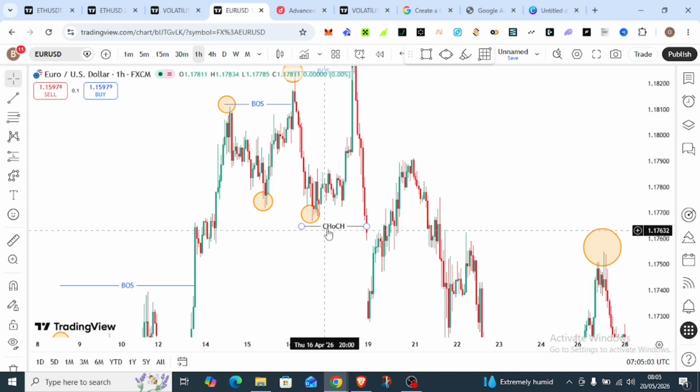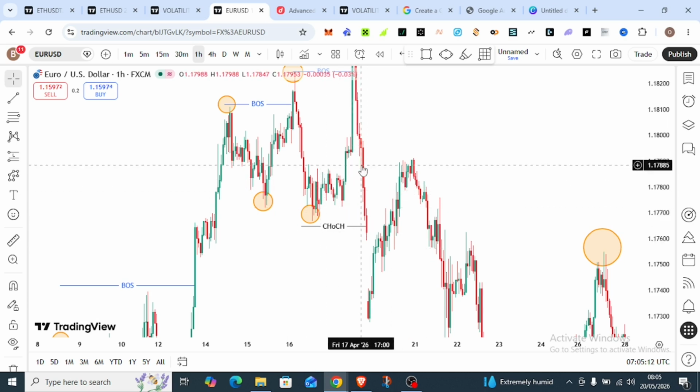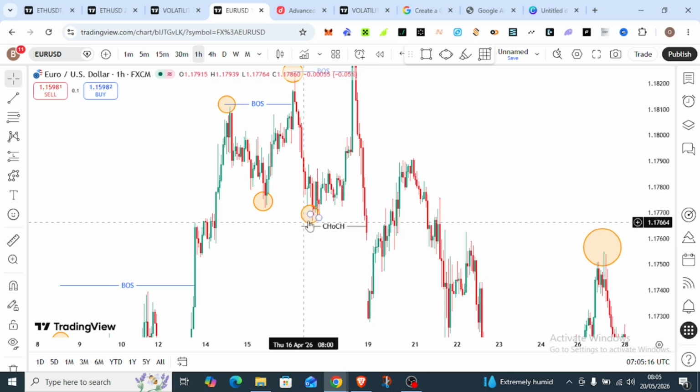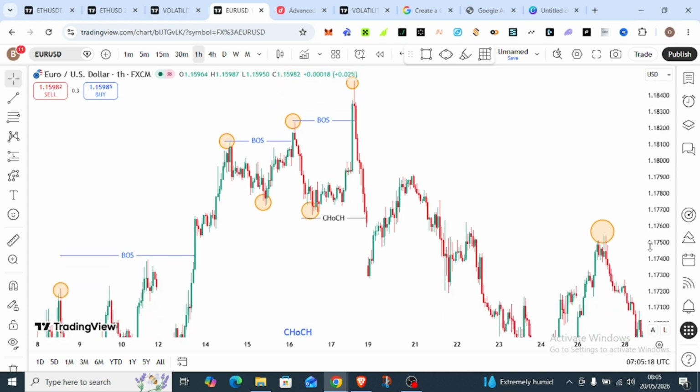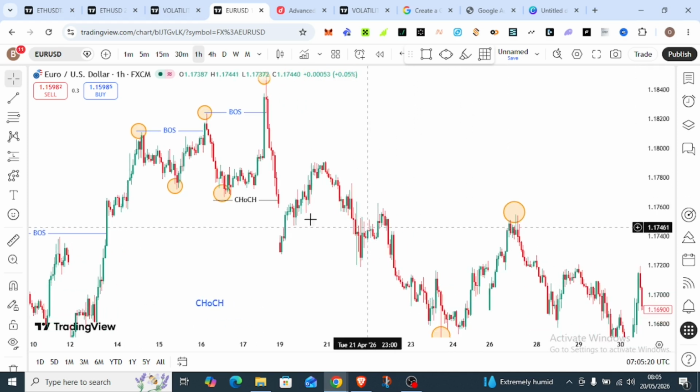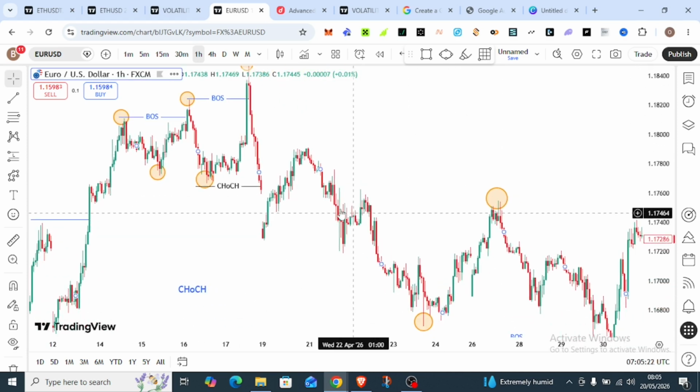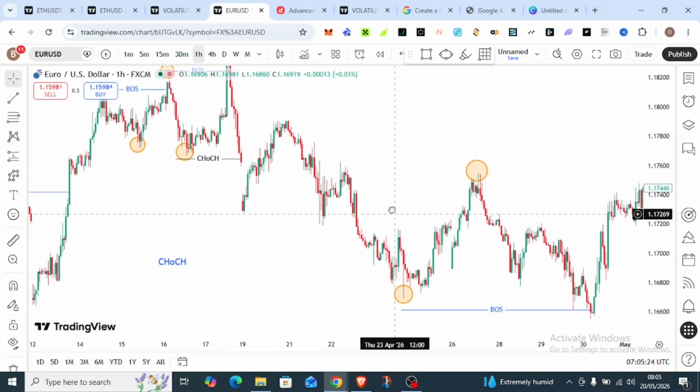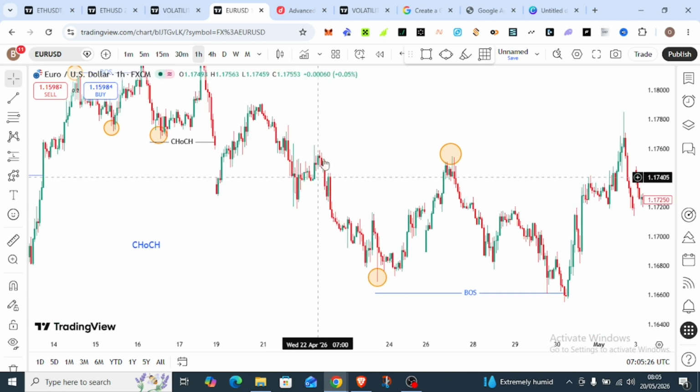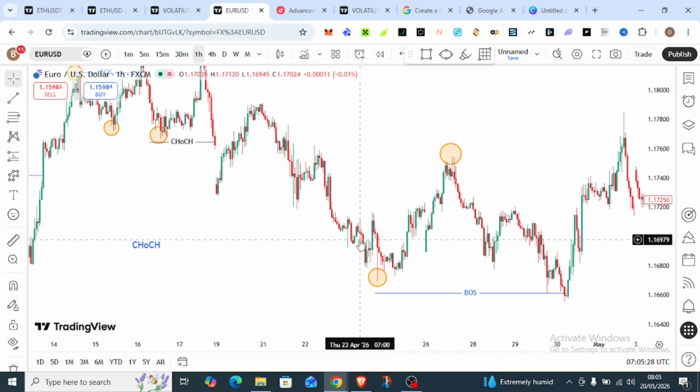And once change of character happens, we look for signs of reversal. As you can see, immediately this candle closed below the higher low here, the structure changed to bearish. We started having a series of lower high and lower low.